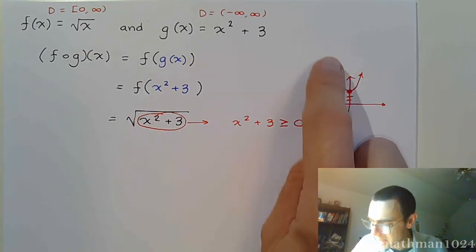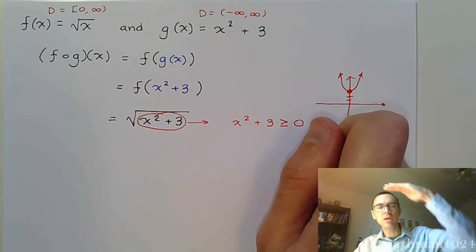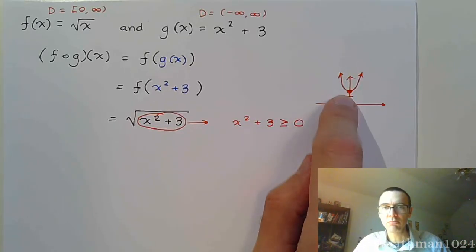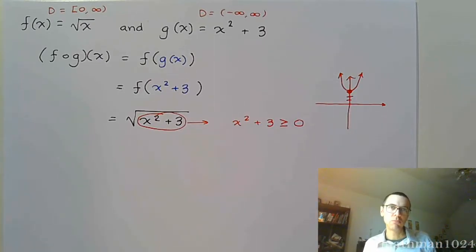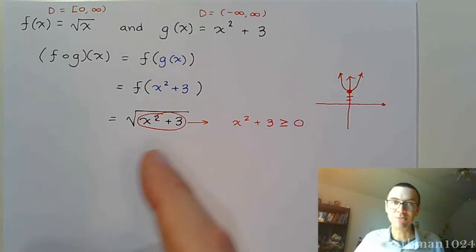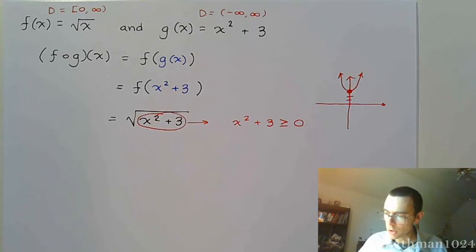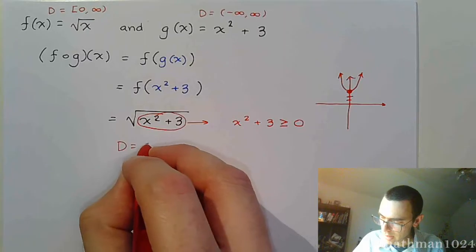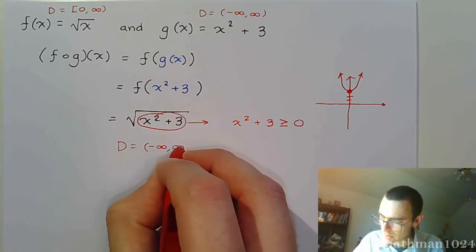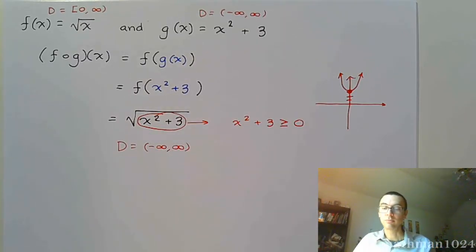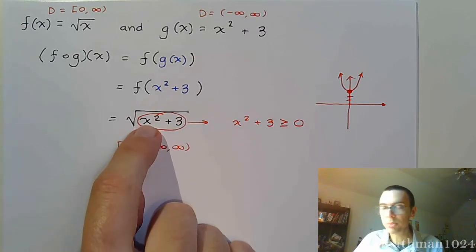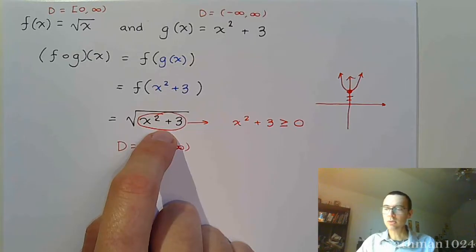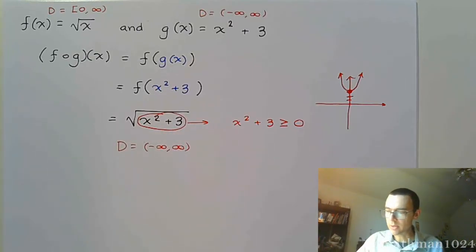Well, notice that this guy, his entire graph is above the x-axis. That means no matter what value you plug into this, it's always going to be positive, or in this case, non-negative. So the domain for f of g of x is going to be all real numbers, which I think is kind of cool. Doesn't matter what number you plug into this, you're always going to get a positive result, and you can take the square root of a positive.